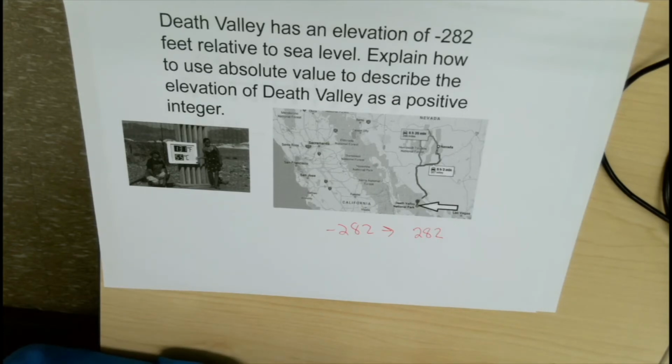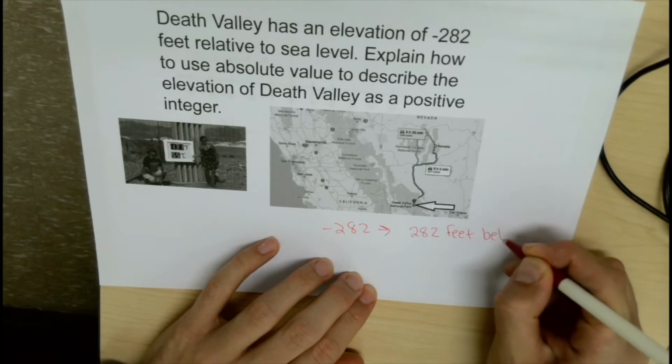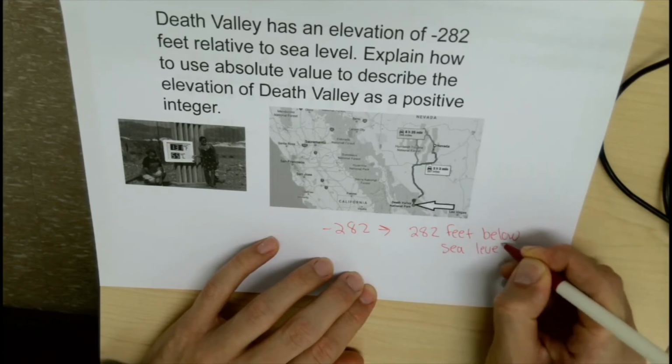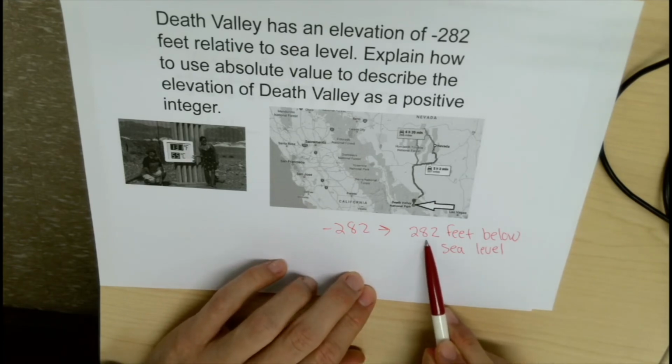So how can we describe minus 282 feet relative to sea level using words? Well, in this case, we're looking at 282 feet below sea level. Do I have a positive integer here? I do.